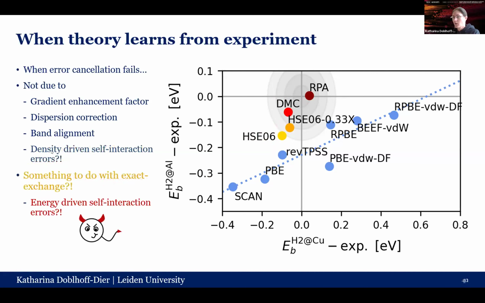So it doesn't seem to be a density-driven self-interaction error, because otherwise the self-consistent and non-self-consistent calculations would differ a lot. So the bad guy here seems to be energy-driven self-interaction errors. And I think that is an important take-home message, because it could also tell us how we can improve these density functional theories maybe in the future.